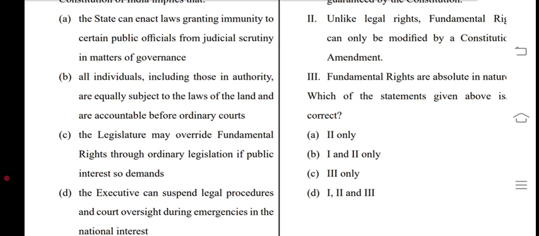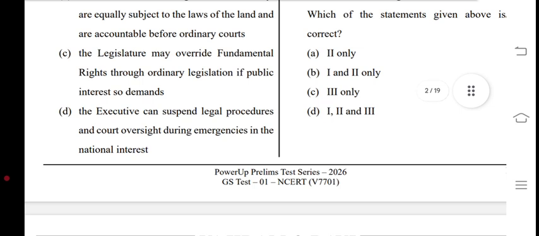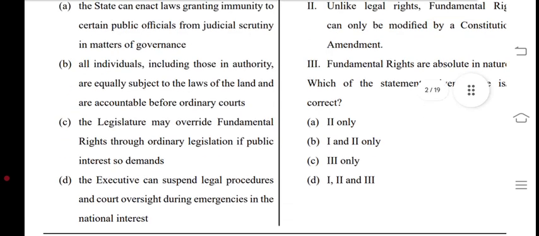All individuals, including those in authority, are equally subject to the laws of the land and are accountable before the ordinary courts. The legislature may override fundamental rights through ordinary legislation if public interest so demands. The executive can suspend legal procedures and hold oversight during emergencies in the national interest.